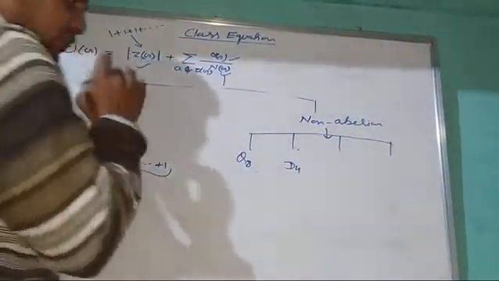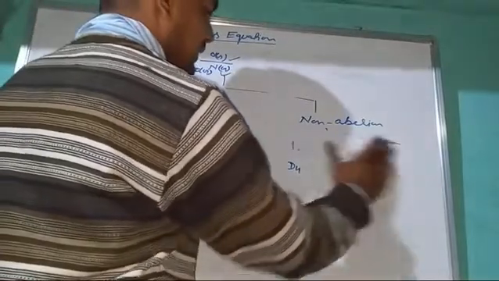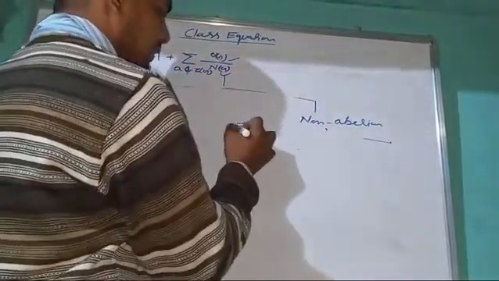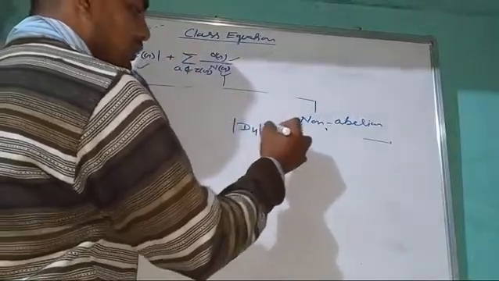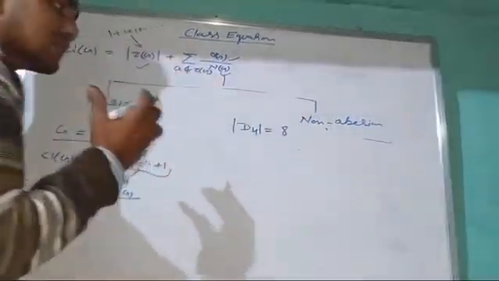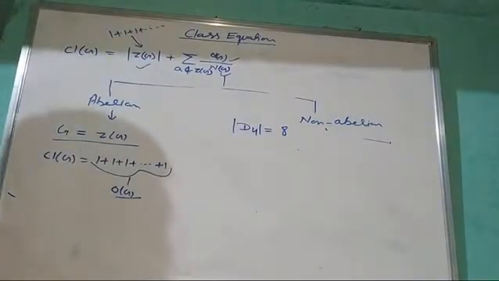Let's take an example, D4, the dihedral group of order 8. The order of D4 is 8, and first we need to understand the dihedral group. A dihedral group is a group of rotations of a polygon.